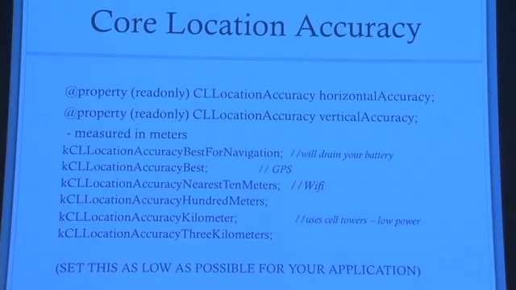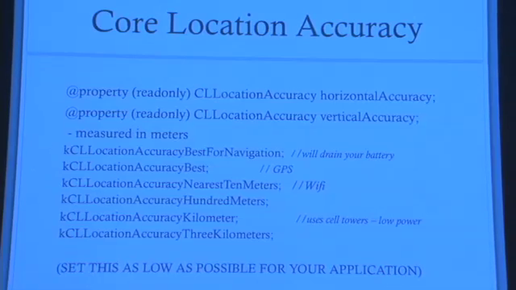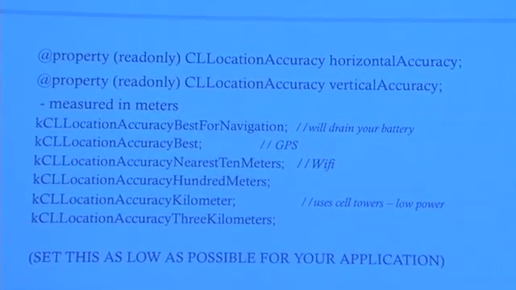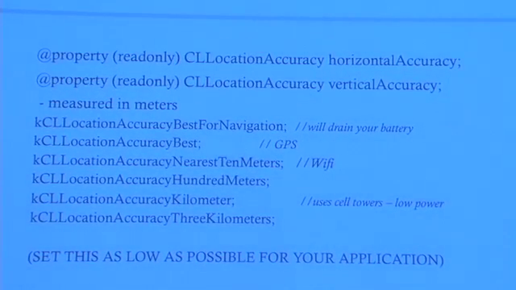And then there's kCLLocationAccuracyBest, which also uses GPS, but it's not continuous. There's kCLLocationAccuracyNearestTenMeters and kCLLocationAccuracyHundredMeters, which use Wi-Fi. This can be pretty accurate, especially in urban areas. So that's another way that the device will figure out where you are.